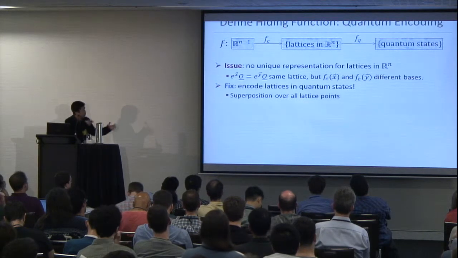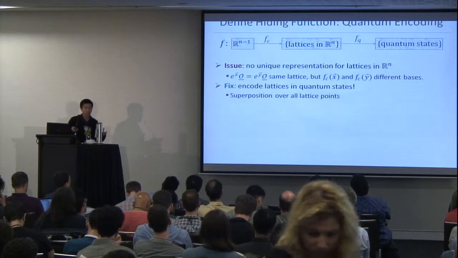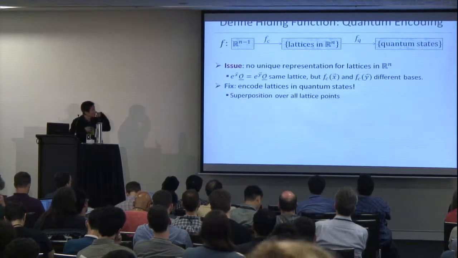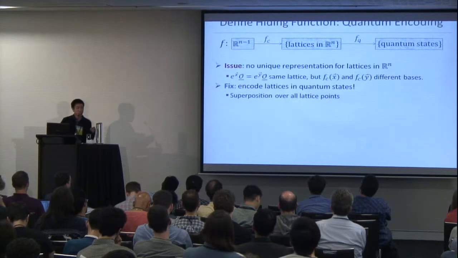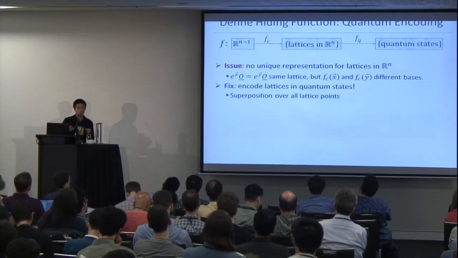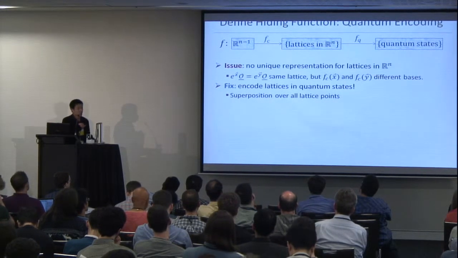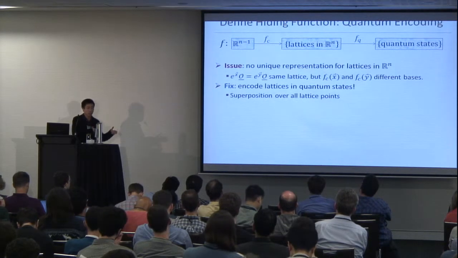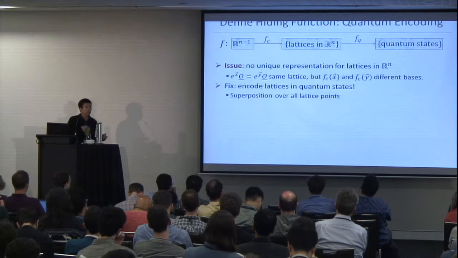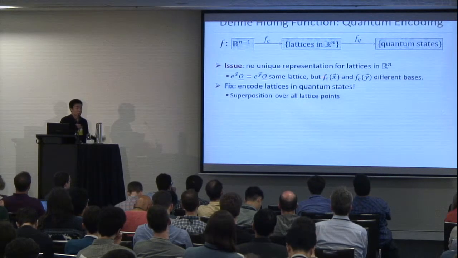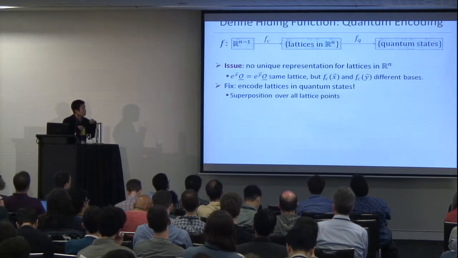Okay, so we've seen a function FC which already satisfies some nice properties. So you may wonder what's still missing. Well, I have been vague about how to represent the output of the function FC, which are supposed to be lattices. So a natural choice would be outputting a basis for the lattice. However, there's no canonical basis for real-valued lattices.